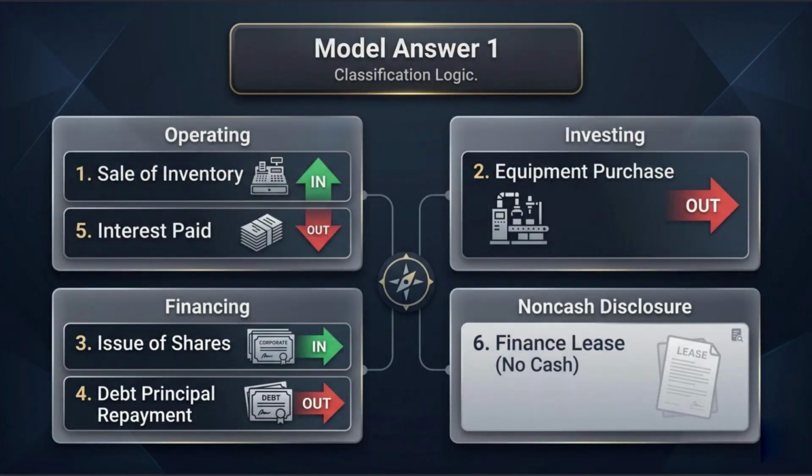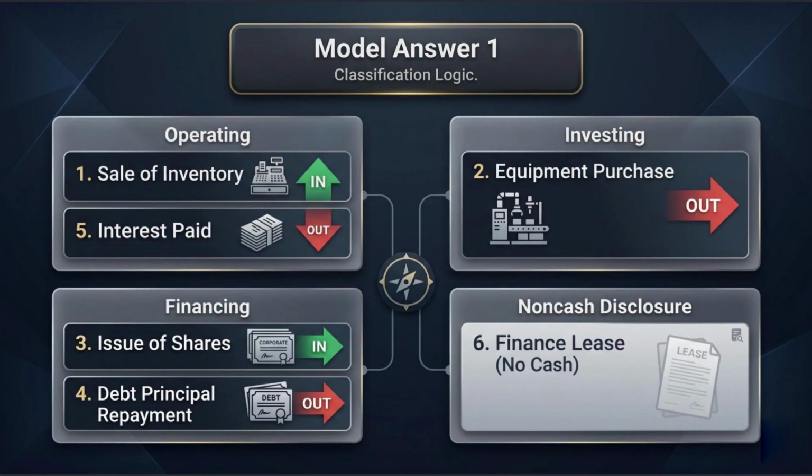Here is the model answer for short answer 1. Sale of inventory is operating because cash received from customers is part of the entity's principal revenue generating activities. Interest paid is generally operating under ASC 230. Purchase of equipment is investing because it is cash paid to acquire a long-term productive asset. Issue of shares is financing because cash comes from owners.